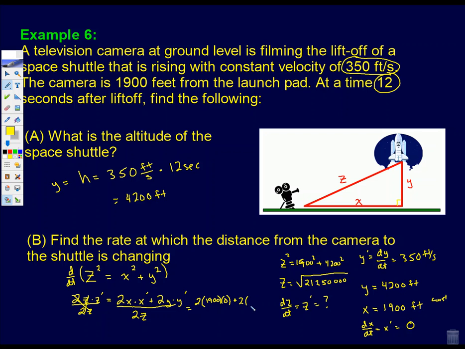Then I've got 2 times y, which is 4,200 feet, and its rate is the rate at which the rocket's climbing, which is 350 feet per second. And we're going to divide that all by 2 times z, and z is that big square root I'm going to fill in here.